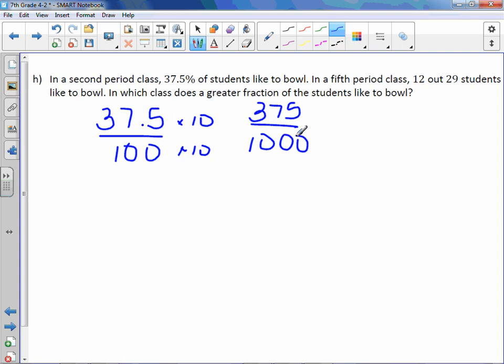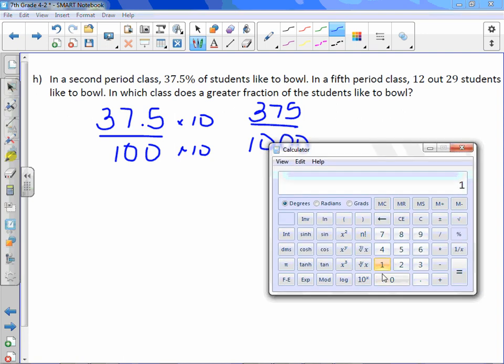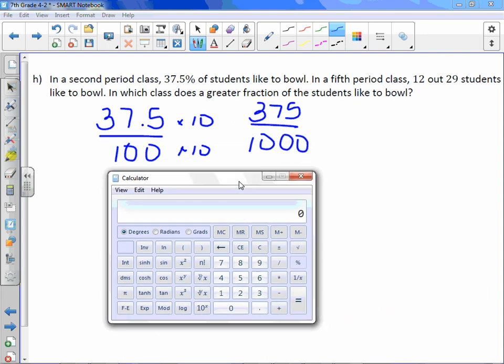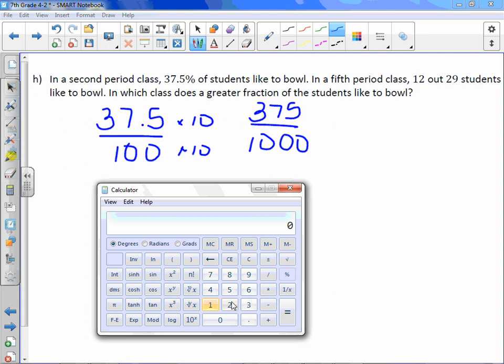I'm actually going to reduce that. I believe, let's double check this. Let's see if it goes in evenly. It does not. I believe they both are divisible by 125.